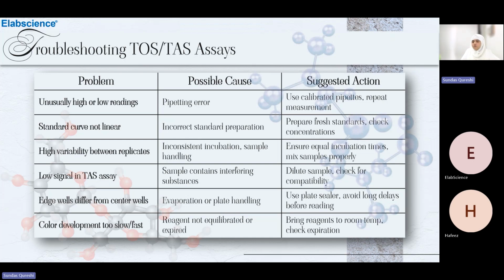Finally, we have slow or fast color development. This usually points to reagent temperature issues or expired reagents, so allow them to equilibrate and always check the expiration dates. By anticipating these issues and following these solutions, you can maintain high quality, reproducible results.